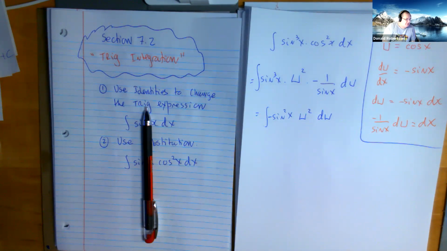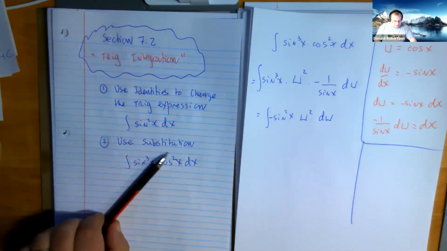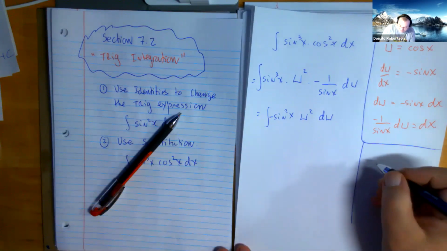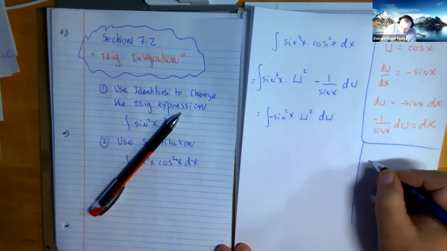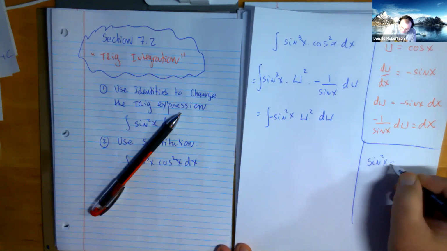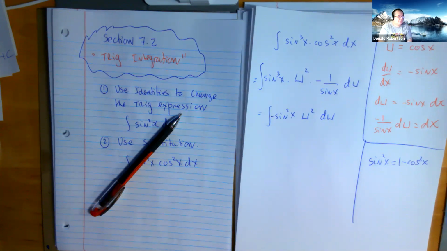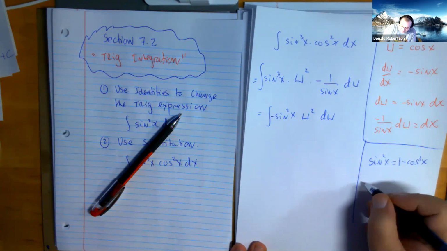There's a sine squared left over, and that's typically a bad thing, not in this case. But I have to use trig identities to change the expression. In this case, sine squared x can be changed into 1 minus cos squared x. And you say, well, where did that come from?